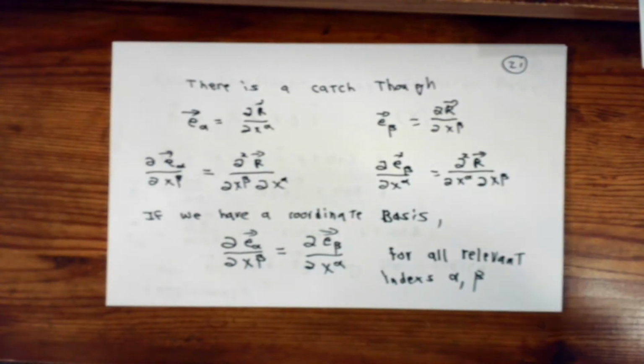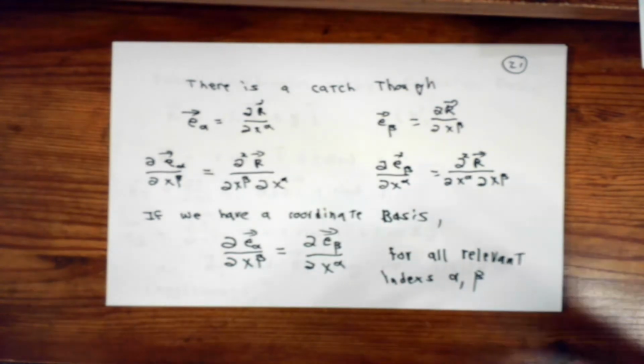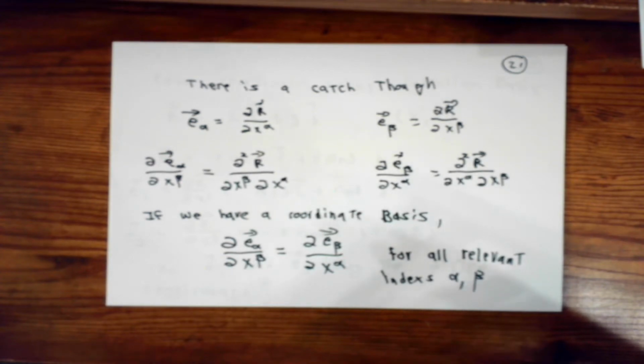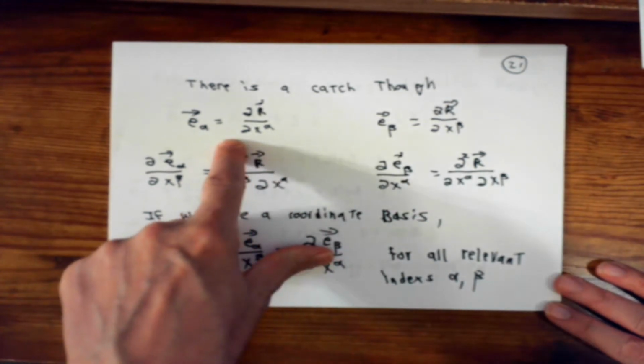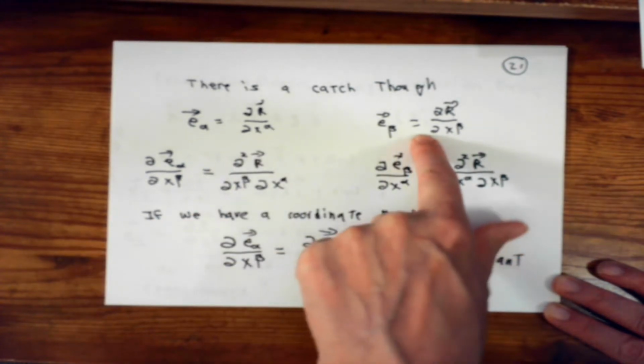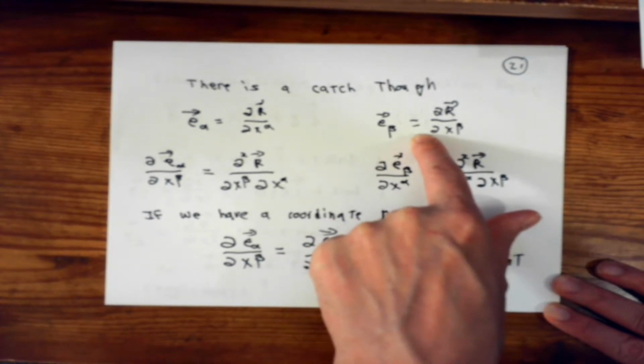Now that's all very nice, but there is no such thing as a free lunch. There's going to be a catch attached to all of this. Suppose we build our basis vectors in this way. Then E alpha is partial of r with respect to x alpha, and E beta is the partial of r with respect to x beta.